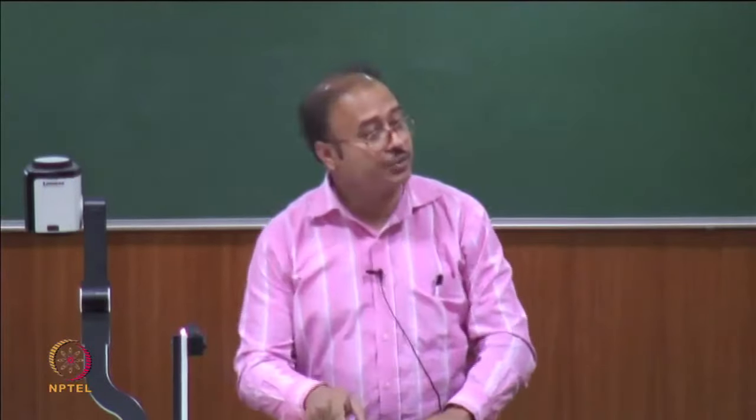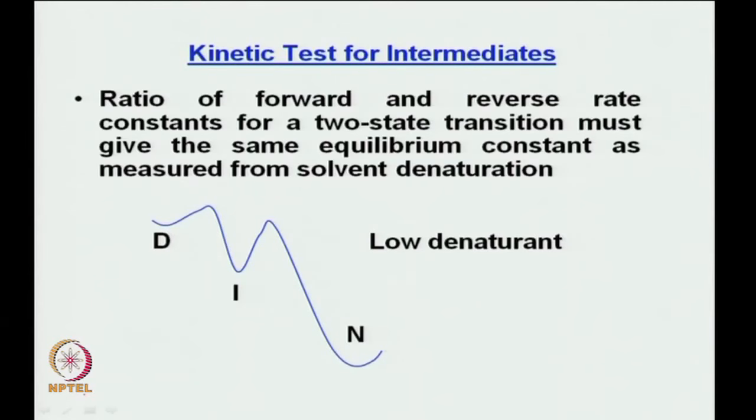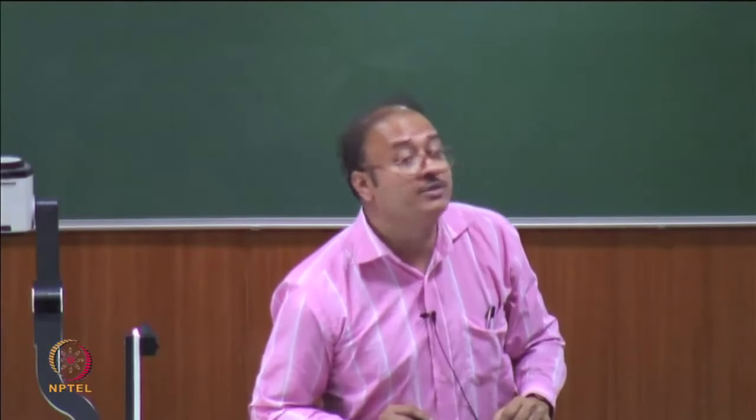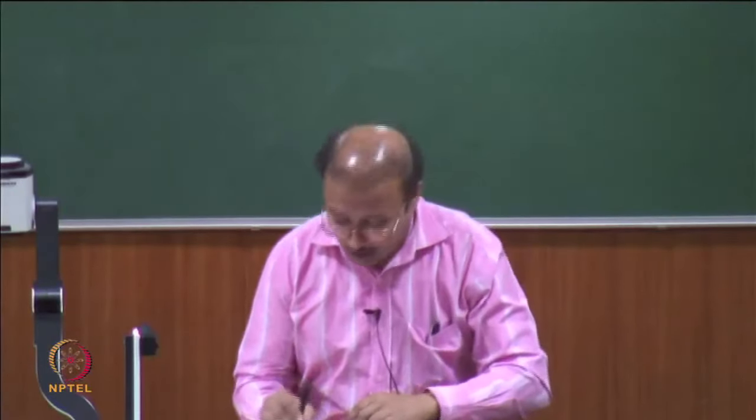But then you see, what is the problem here? What would be the rate limiting step in this case? In this case, the rate limiting step would not be D to N, the rate limiting step would be I to N, exactly.